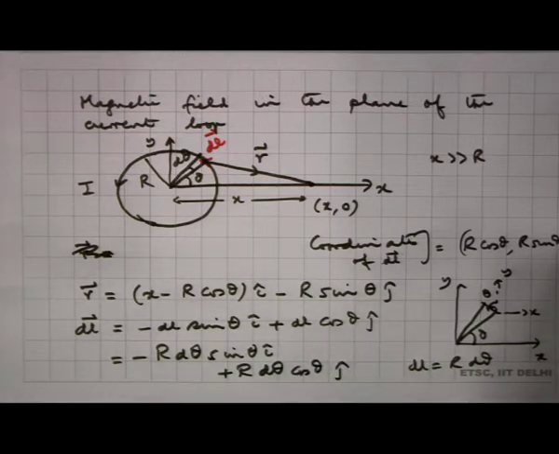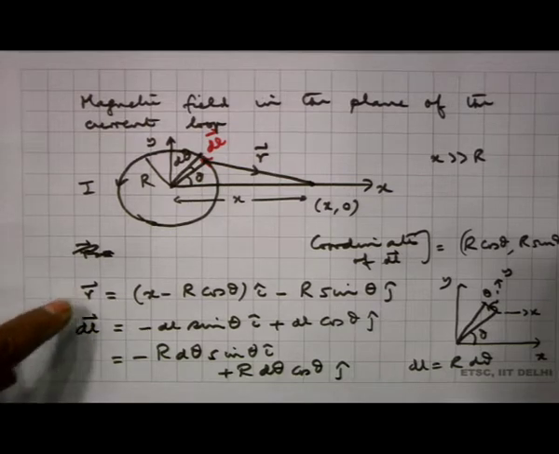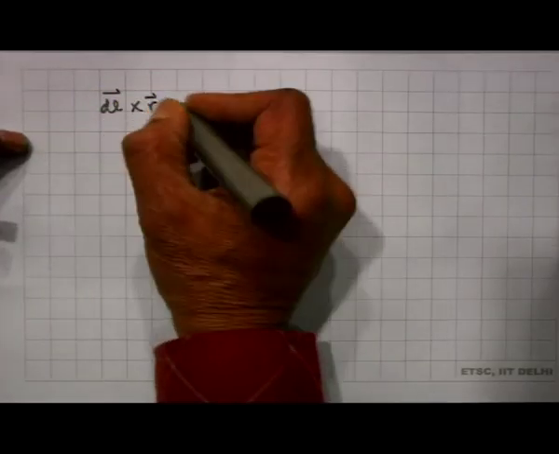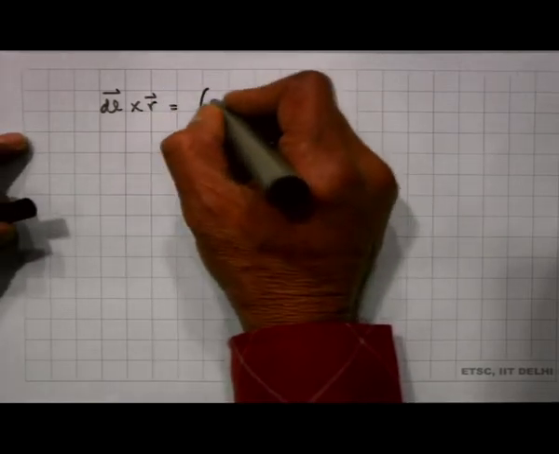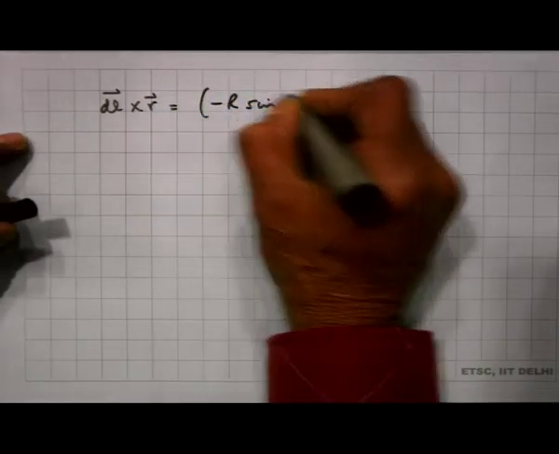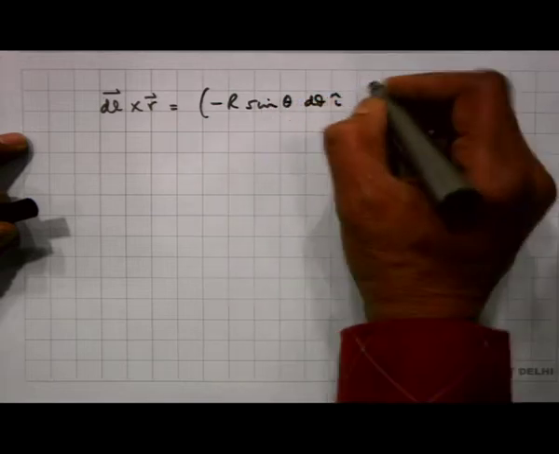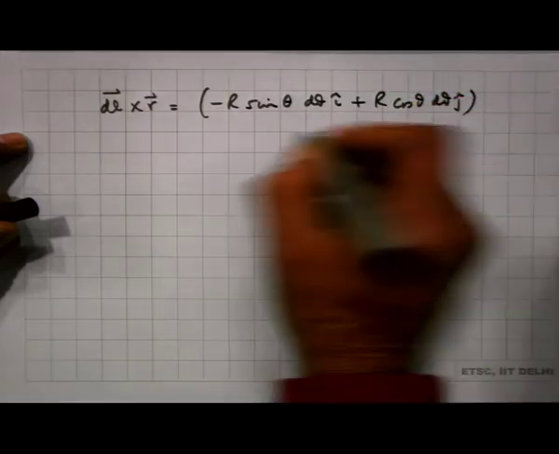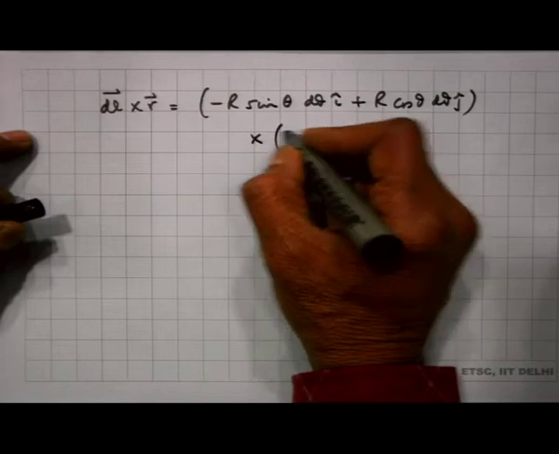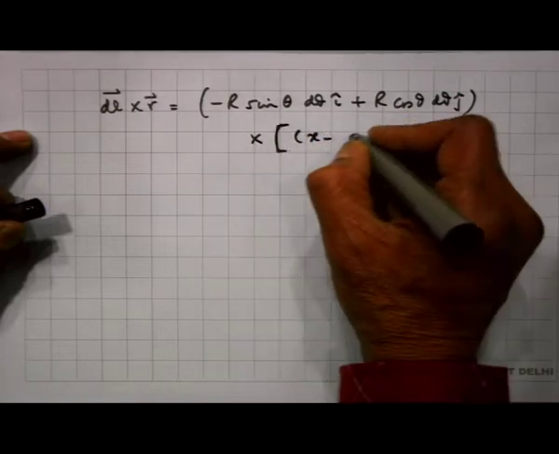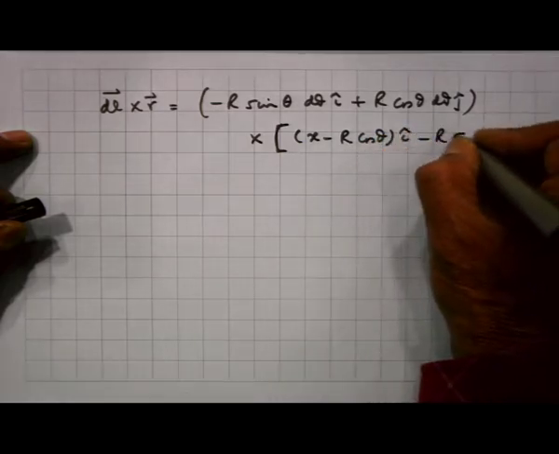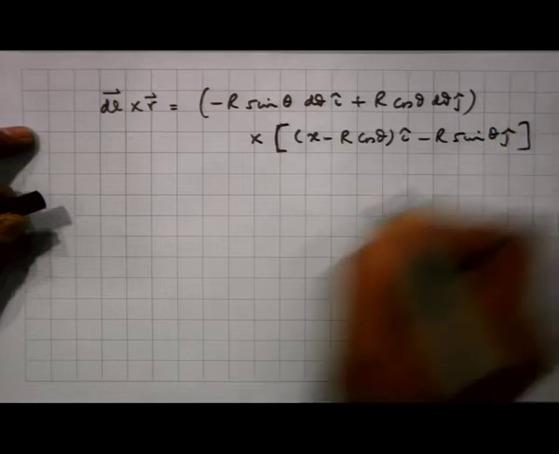So, that is the dl vector and the r vector. Let me calculate dl cross r, which is equal to: the dl vector is minus r sin theta d theta i cap plus r cos theta d theta j cap, cross the r vector, which is (x minus r cos theta) i cap minus r sin theta j cap.